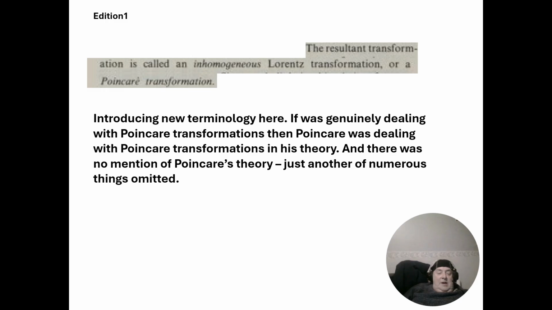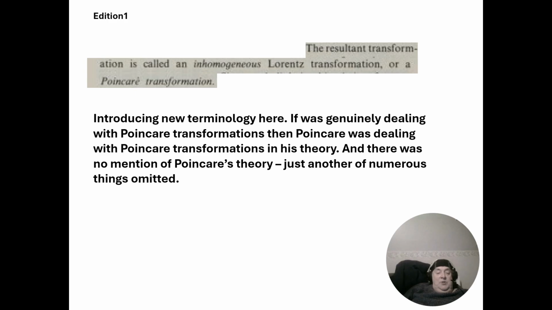So edition 1 of the book carries on to say, "The resultant transformation is called an inhomogeneous Lorentz transformation, or a Poincare transformation." So suddenly I'm complaining here about it introducing new terminology. If it was generally dealing with Poincare transformations, then Poincare was dealing with those in his theory, and there's no mention of Poincare's theory.